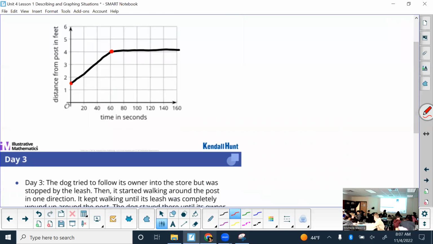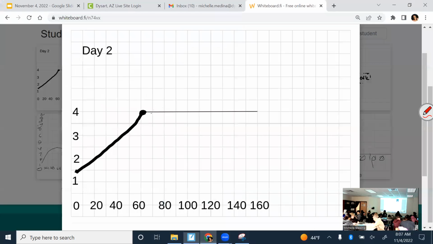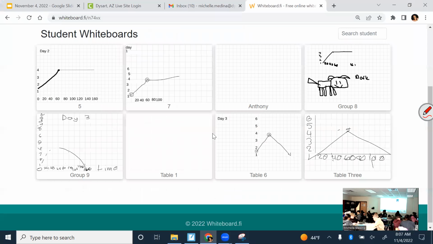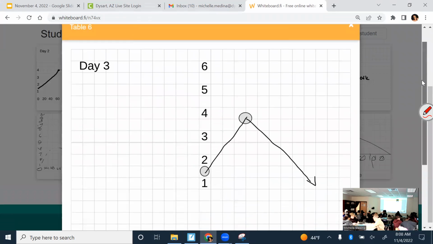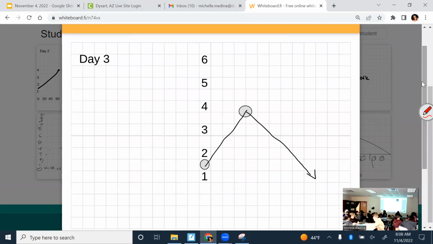All right, let's see if we have a good example for day 3. That one had a lot more stuff going on. Do you guys think this is good, class? All right, I mean, it looks like this part matches what we said it would be for all the graphs, because that was the piece of information we had.